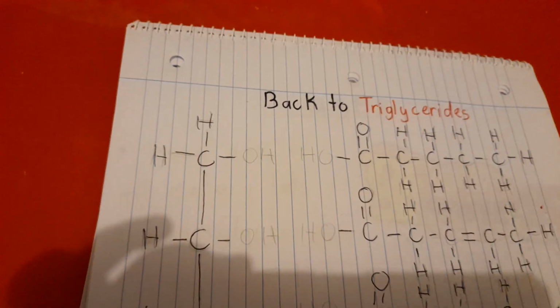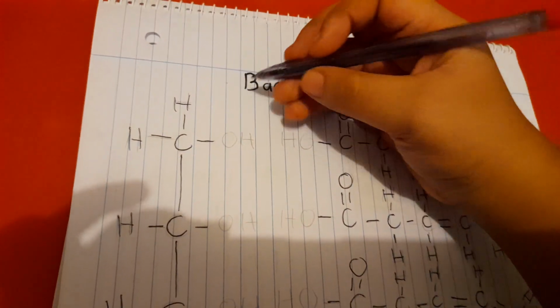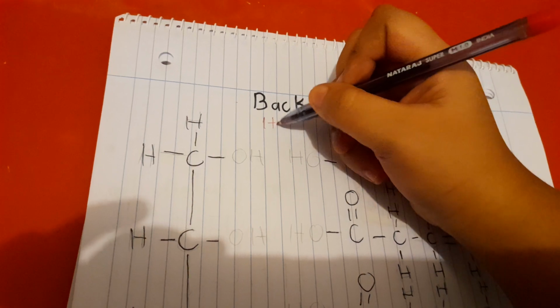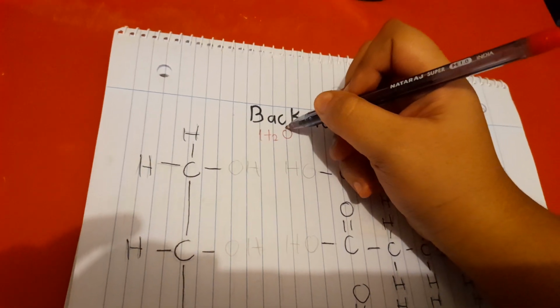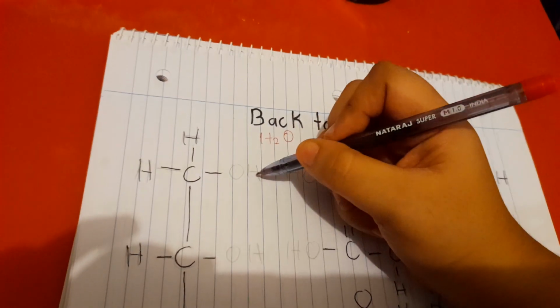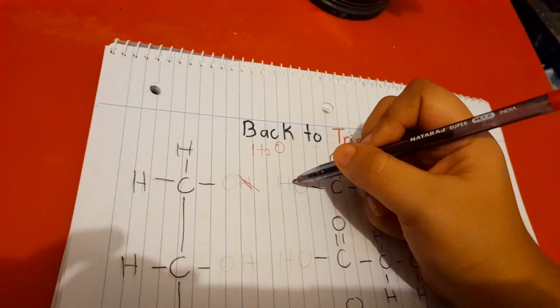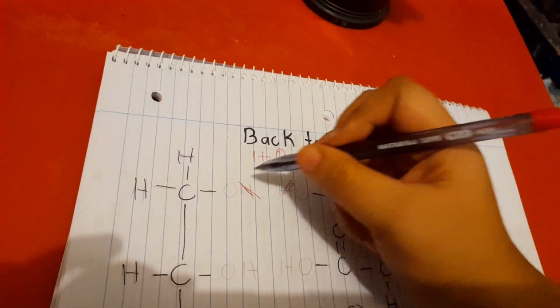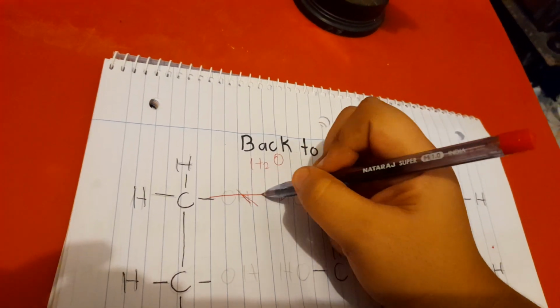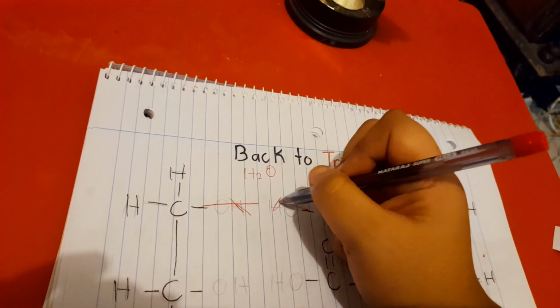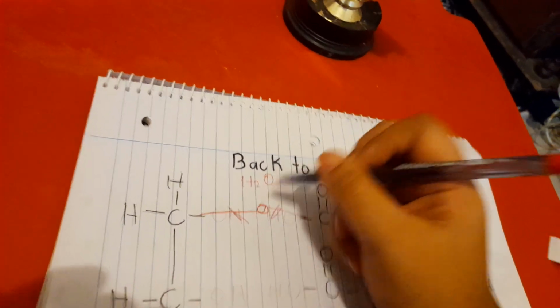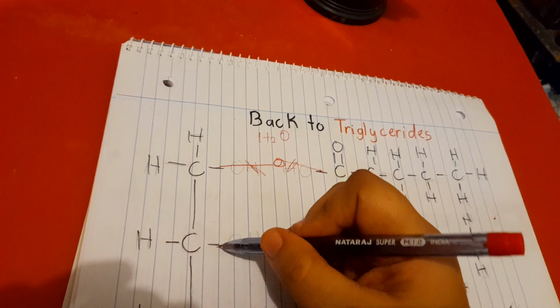So let's remove water, which is H2O. So let's cross off the 2 H's and you're left with O. So it would become this. Let's try to do that for all of them.